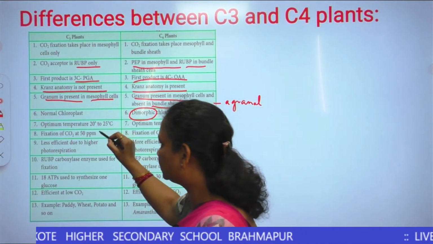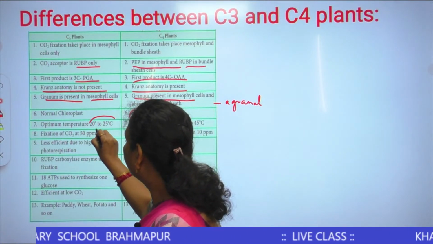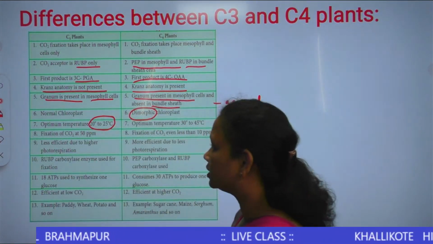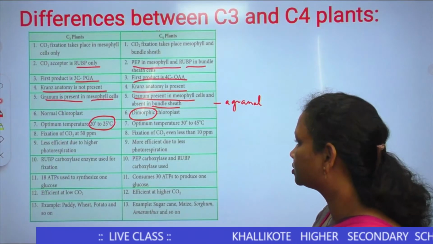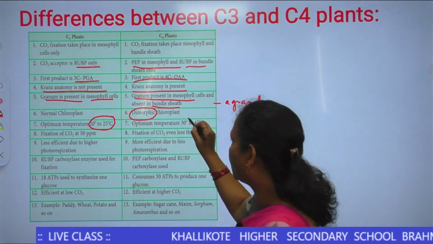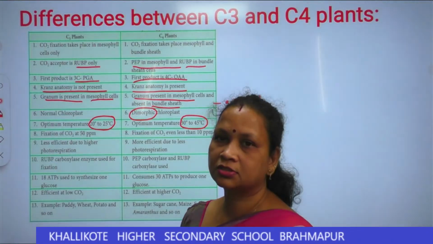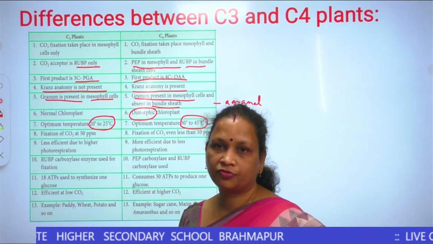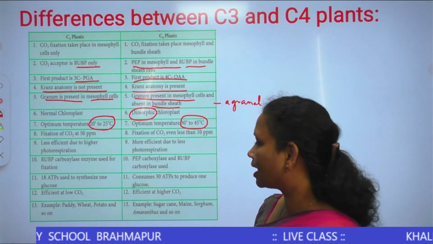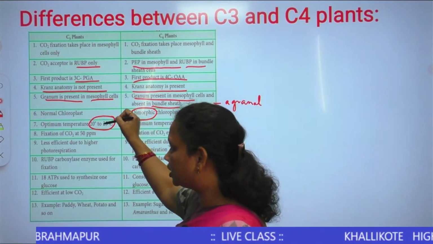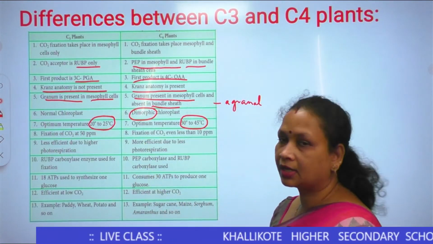The optimum temperature at which the C3 plants best photosynthesize is 20 to 25 degrees Celsius, whereas the C4 plants can photosynthesize at higher temperatures of about 30 to 45 degrees Celsius. So, why does this happen? When the temperature increases, the stomata close.